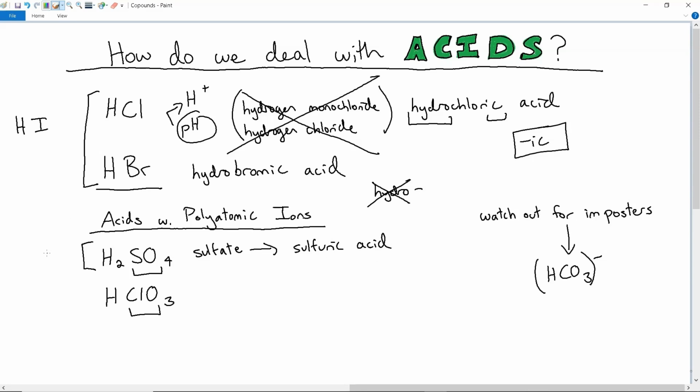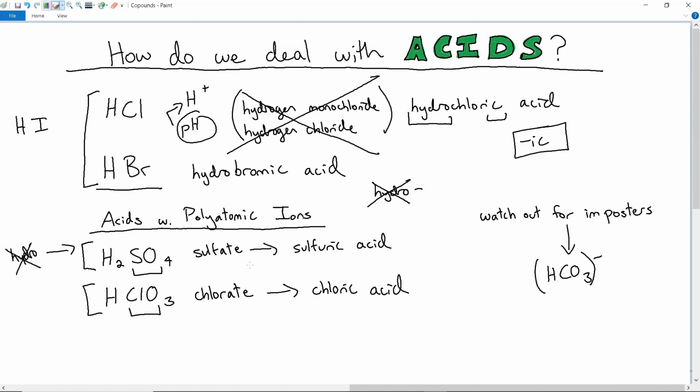So when we have anything with a polyatomic ion, you can know right off the bat, we're not using the hydro prefix. Let's do one more example. Down here, another polyatomic ion. This is a chlorate. And its name would be chloric acid.